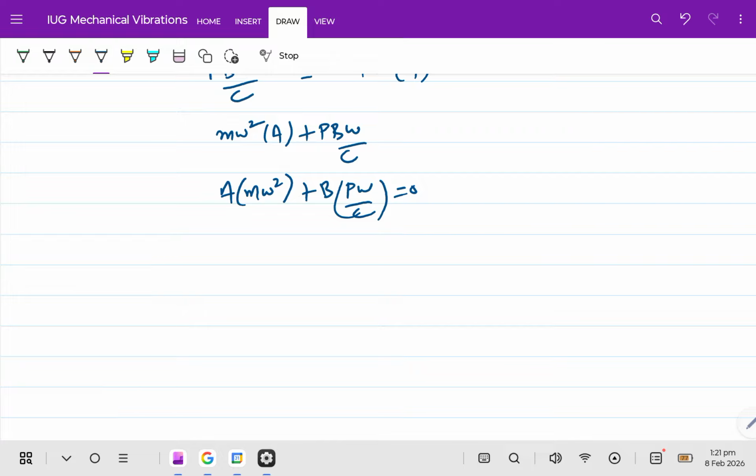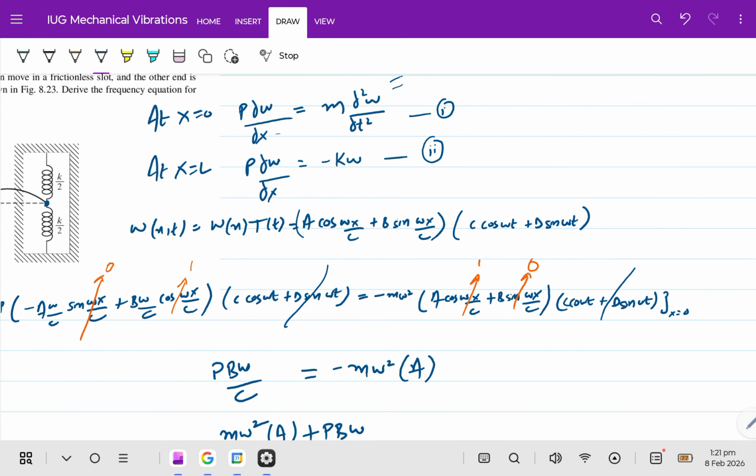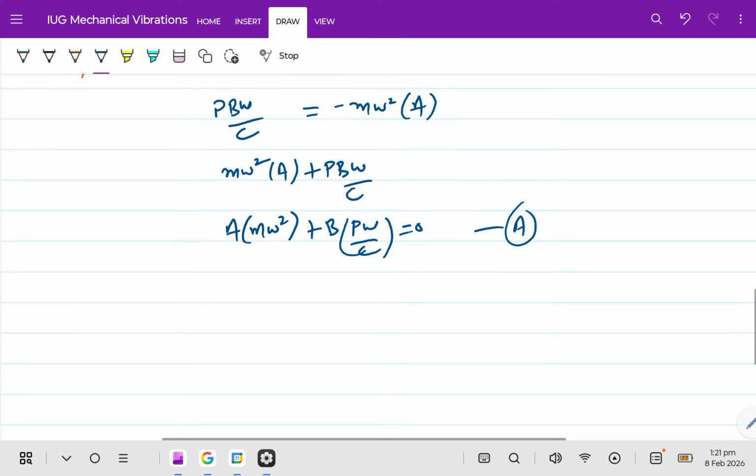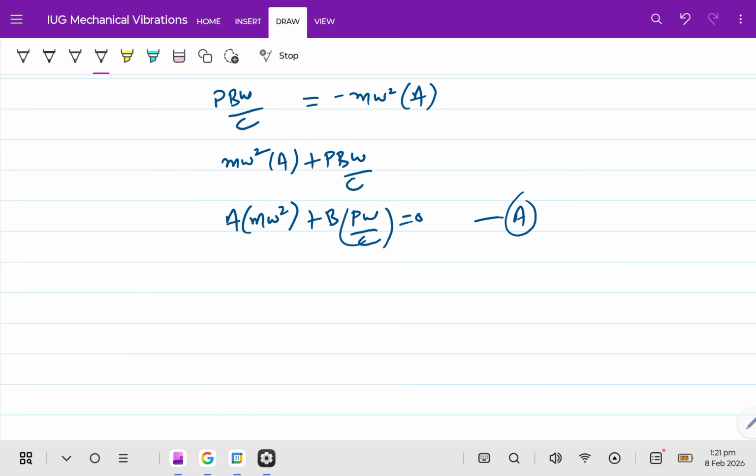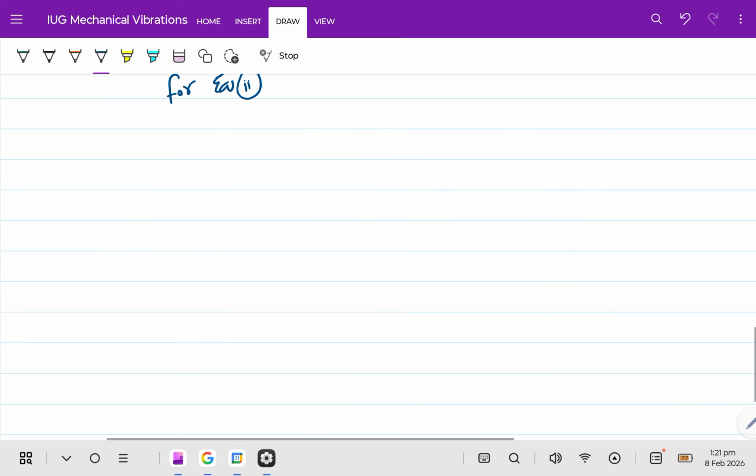So as a solution for this one, now you can perform the same thing for the second equation, because initially you substitute this condition into equation 1. Now you can do the same thing with equation 2. If you solve that one, for equation 2, substitute the same solution in equation 2.